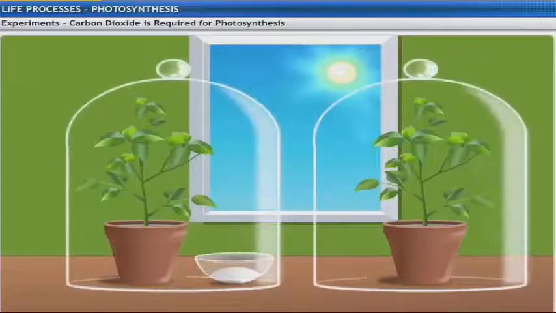Next, cover both the plants with separate bell jars as shown. Seal the bottom of the bell jars to the glass bottom surface so that the setup is airtight. Keep the plants in sunlight for about 2 hours.